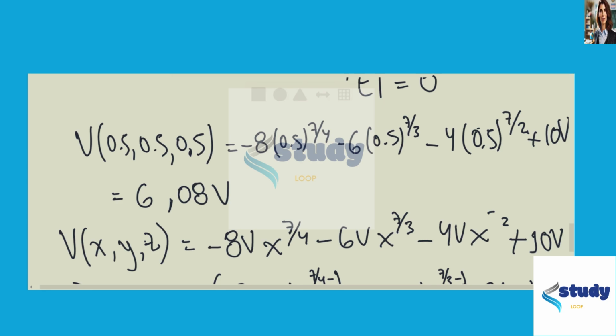And you do the same procedure for the electric field and for the other given point, that is 1, 1, 1.